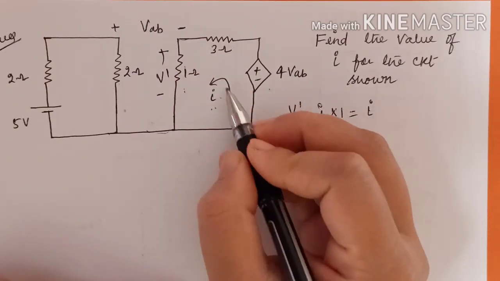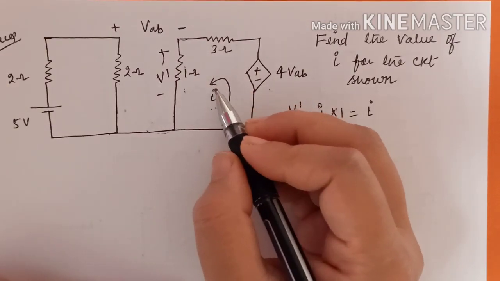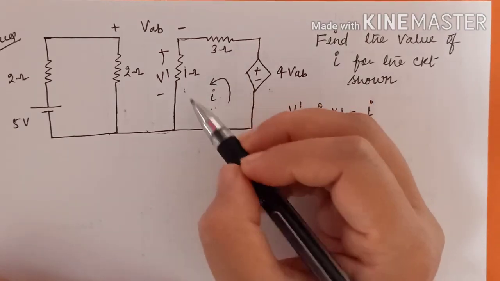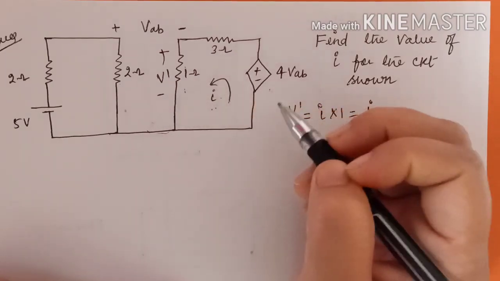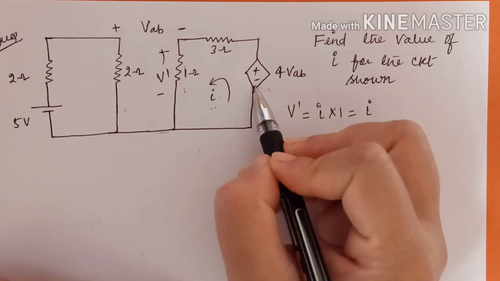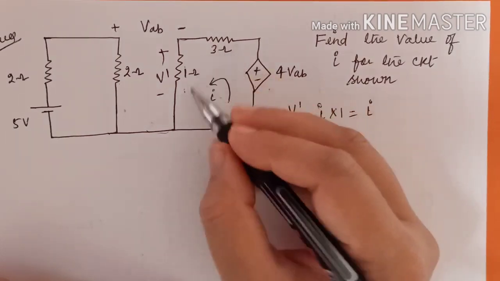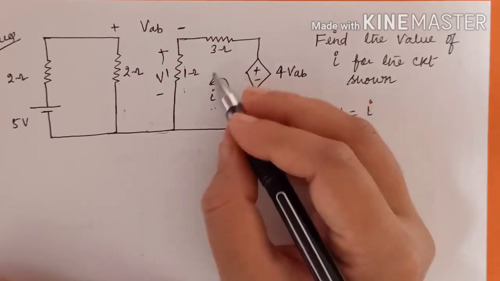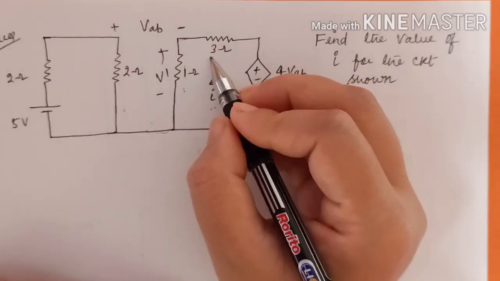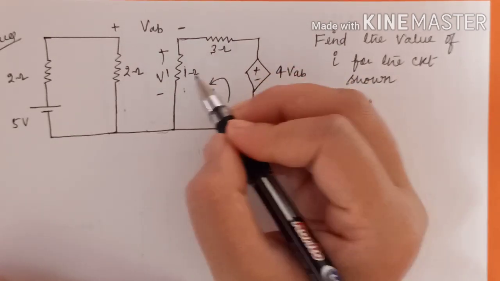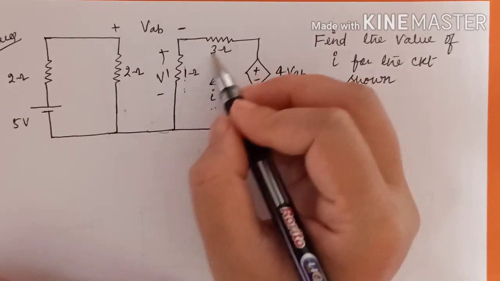Clear? Now what will be the I value? If you apply the KVL equation here, then the I value will be the total drop across this loop, 4 VAB, and the total resistance, 3 and 1, so a 4 ohm resistor.